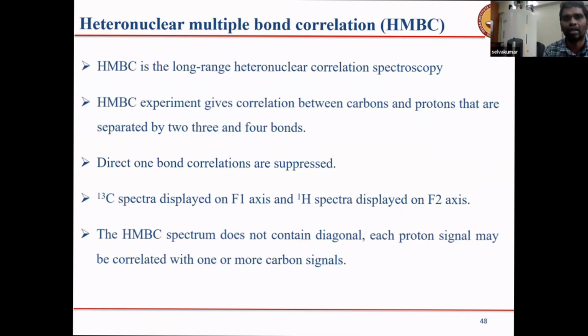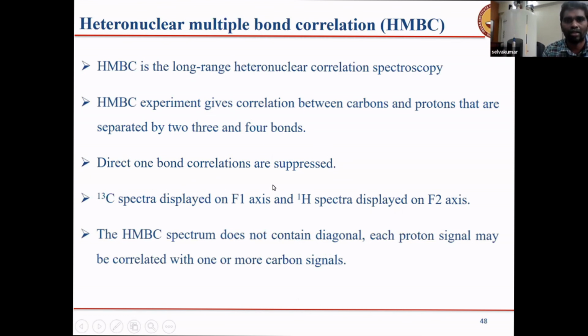Next, I am moving on to the HMBC, long range coupling. HMBC means heteronuclear multiple bond correlation. Here we can see the 2 bond, 3 bond, and up to 4 bond correlations. The HMBC experiment gives the correlation between carbons and protons that are separated by 2, 3, and 4 bonds.